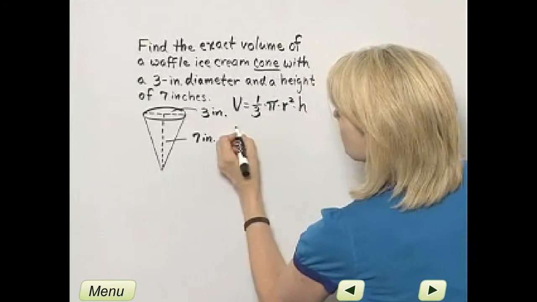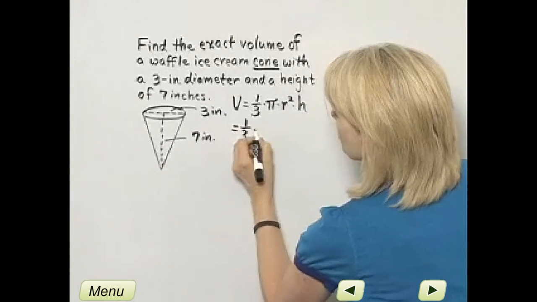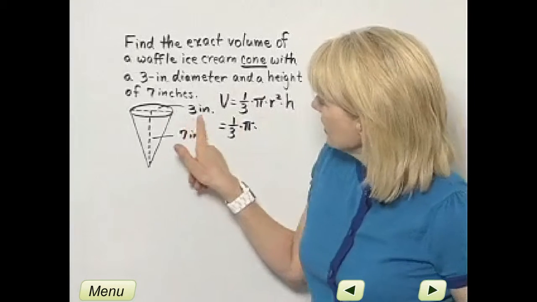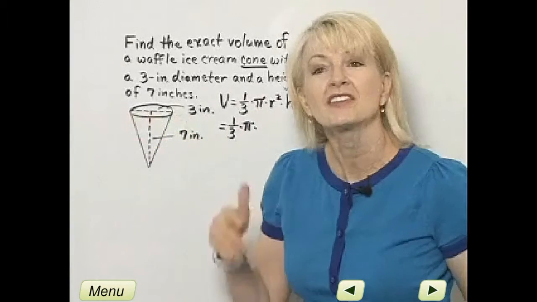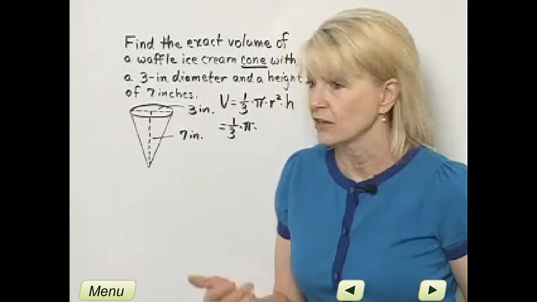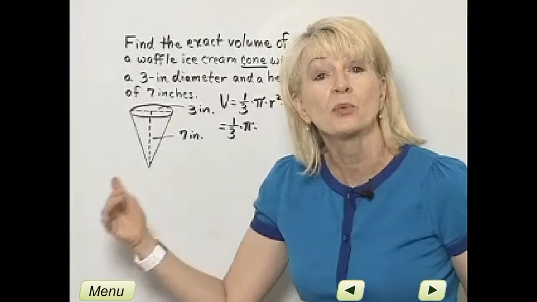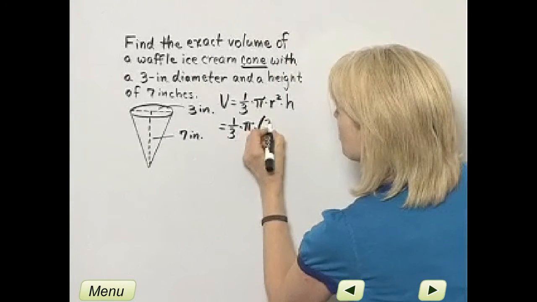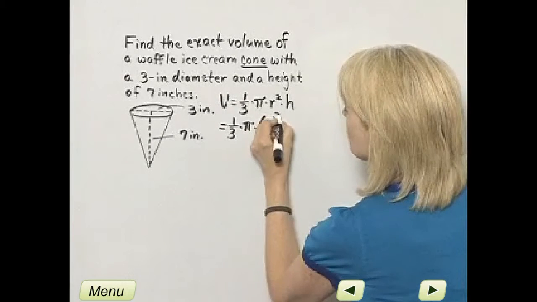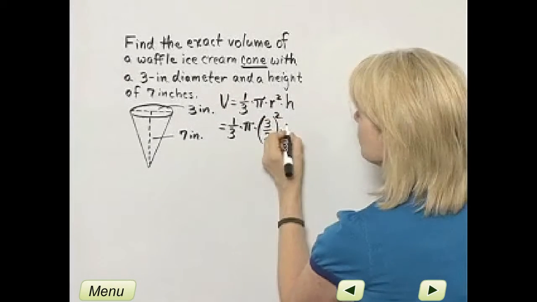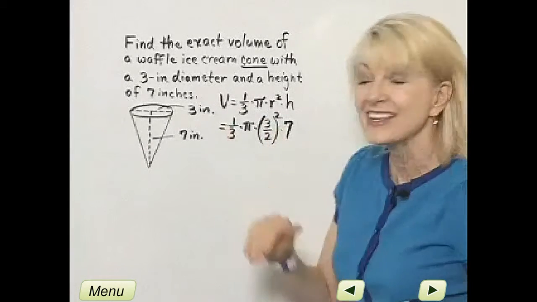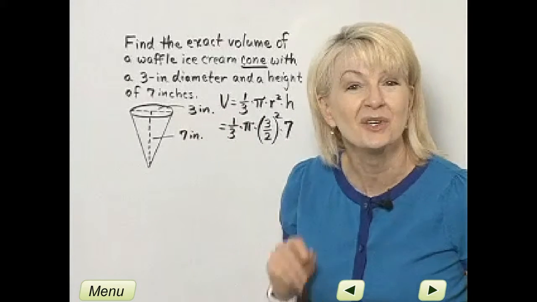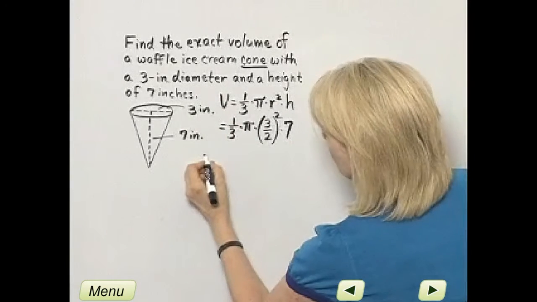So the volume is 1/3 times pi times, now what is the radius? If the diameter is 3 inches, the radius is half that, so 1.5 or 3/2, either one. So I'll write 3/2 squared, and then what's the height? 7 inches. And of course I'll write down units at the end, we're in inches again, so cubic inches.